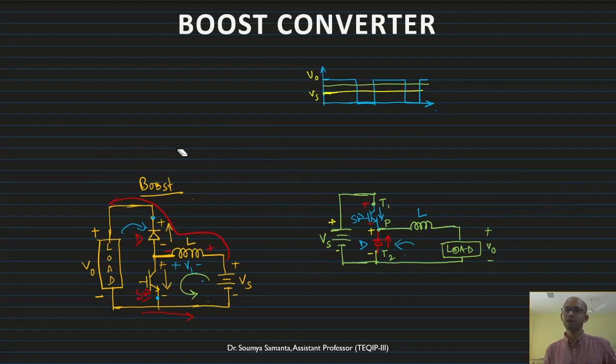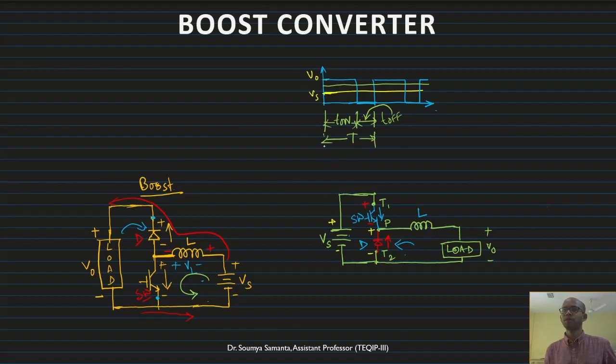Now how can we control the output voltage? Basically by controlling the on time and off time. This is the total time period, this is T on, this is T off. I'm writing here T off, this distance, and this is T on, this is the total time period.